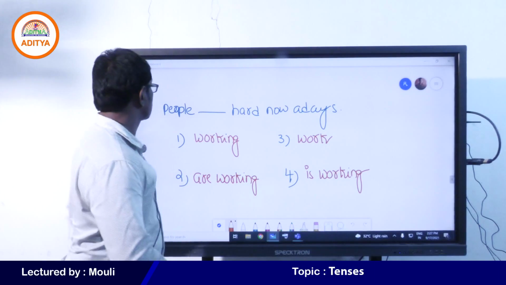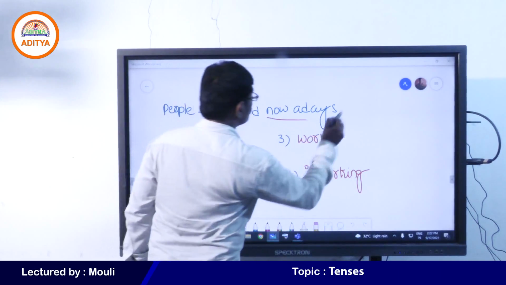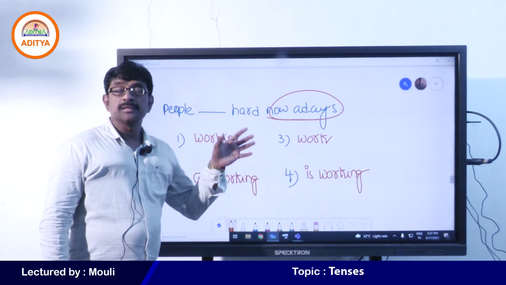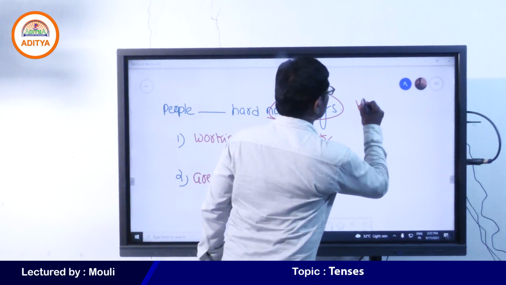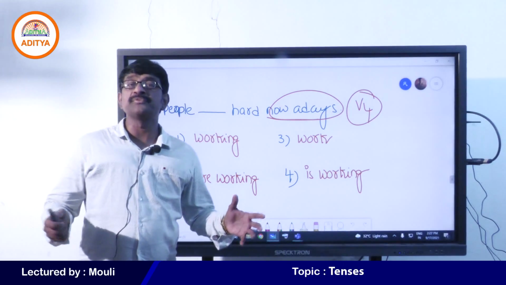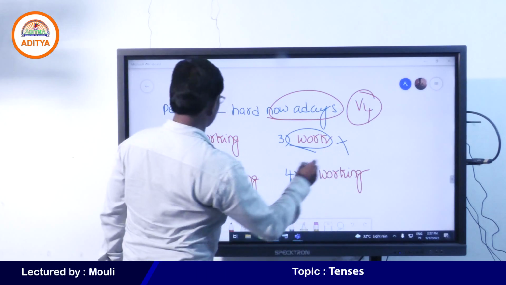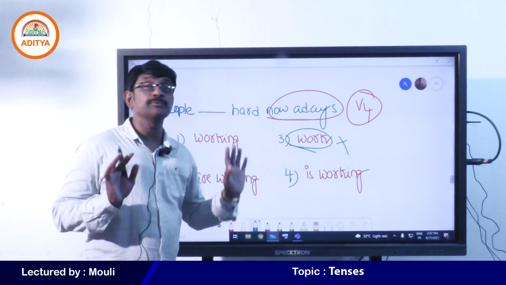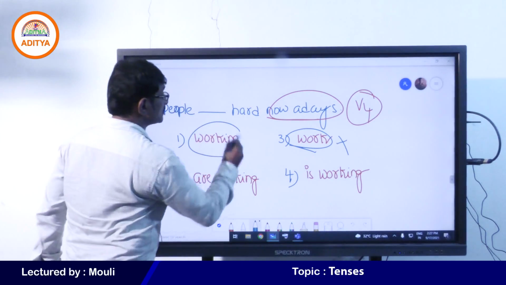Okay, students, now let us see this. People dash hard nowadays. When you find nowadays, you can say that that is a progressive tense. Progressive tense means we know that V4 will be there. So other than V4s, let us cancel first. Other three are V4s. Among them also this is not a verb.